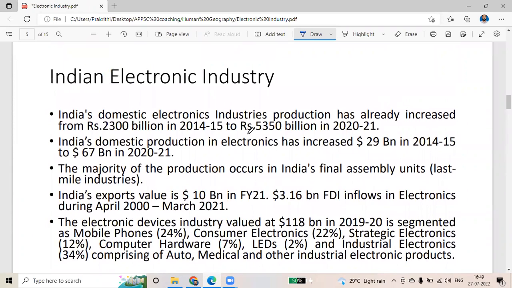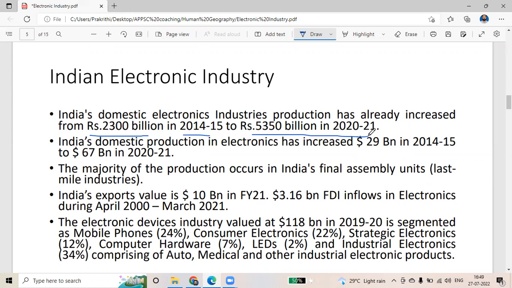Now, what is the Indian electronic industry right now? Indian domestic electronic industry production has already increased from rupees 2,300 billion. Earlier it was 123 billion, then 2,300 billion during 2012, and 5,350 billion during 2020.